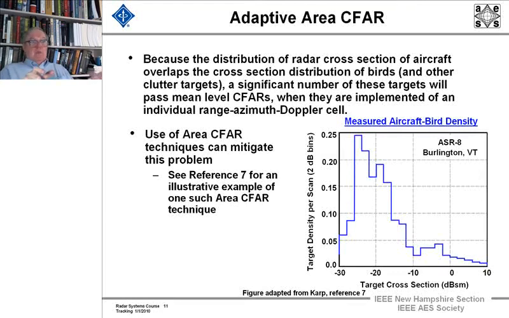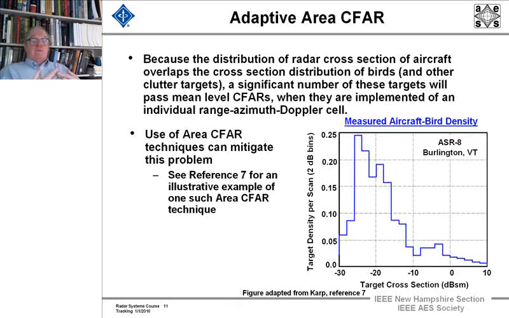You measure the mean level, dividing by the total number of cells and multiplying it by a constant, and that will give you a good threshold to measure adaptably every scan for every range azimuth Doppler cell how far a given range azimuth Doppler cell is above the mean background in that local area.